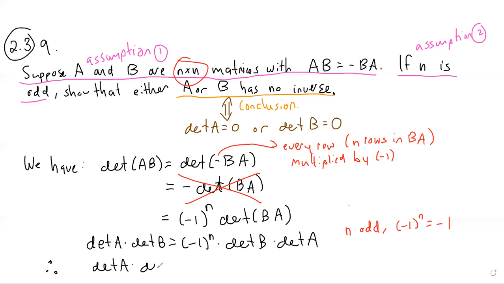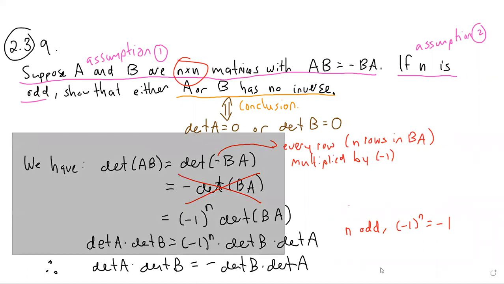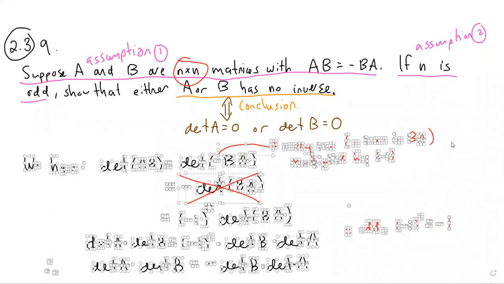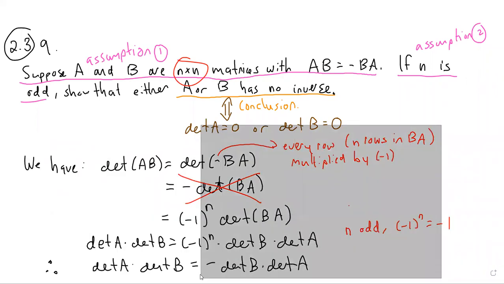So the determinant of A times the determinant of B is equal to negative of the determinant of B times the determinant of A. The thing on the left and the right are the exact same except for the negatives. So the only way that a number is equal to its negative is if that number is 0.